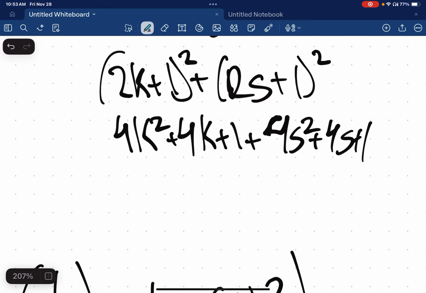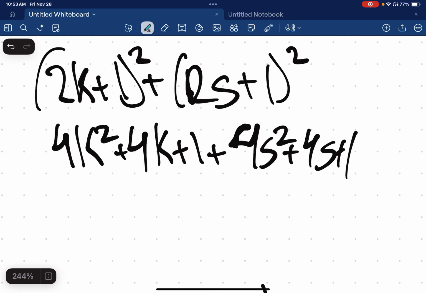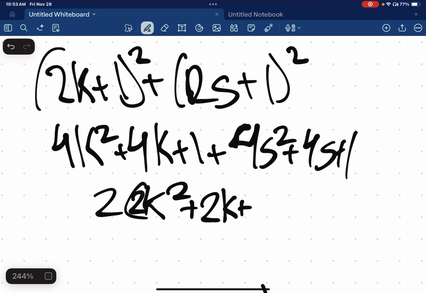We can factor a 2 from all this after we combine the ones, so then we get this. That's supposed to be a 2 right there.